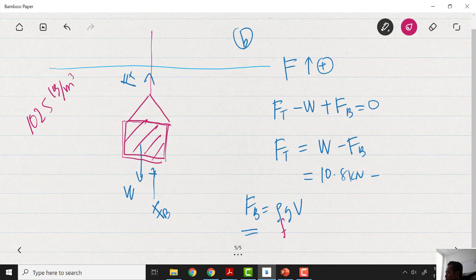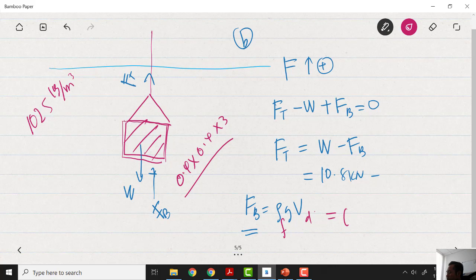The volume of the concrete is 0.4 times 0.4 times 3. So the volume of the displaced water is the same as the volume of concrete.